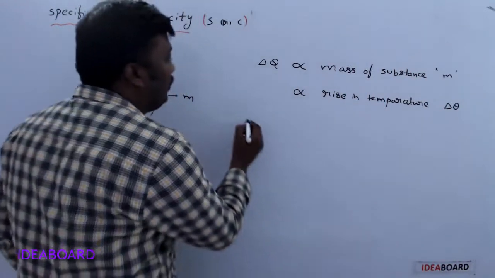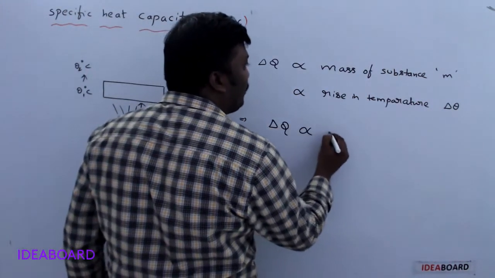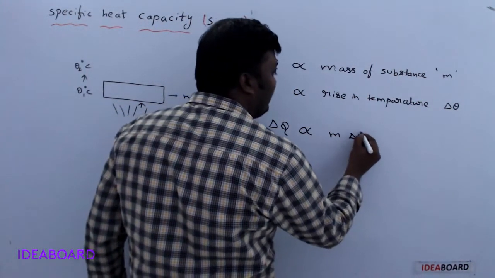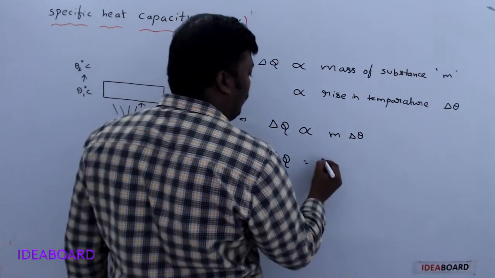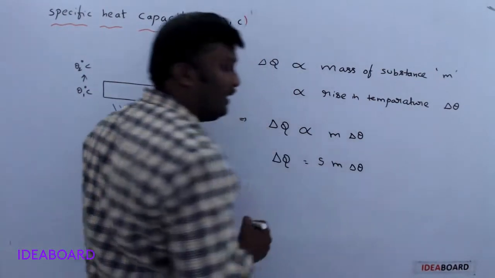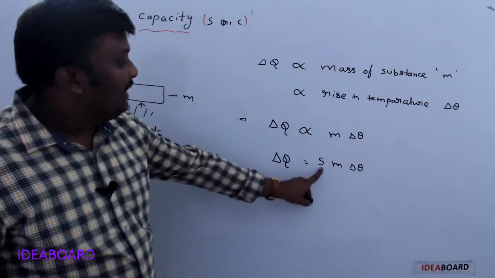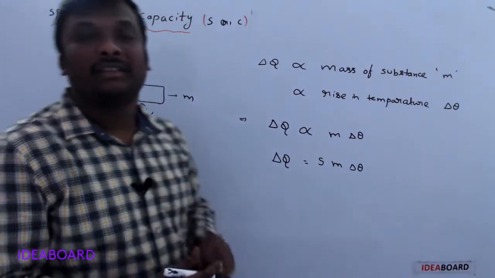Now if you write it combined, you get delta Q proportional to M delta theta. That implies delta Q is equal to some constant S into M delta theta. Here S is called the specific heat capacity.